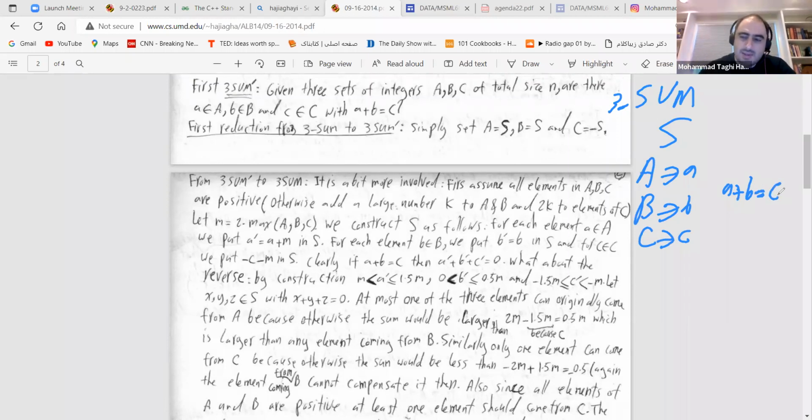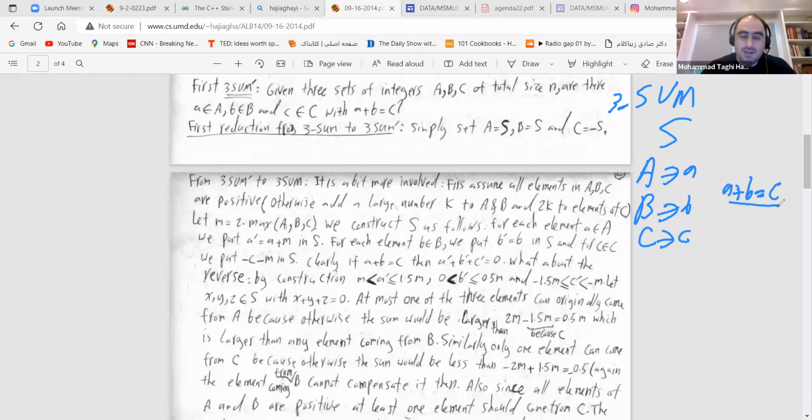We could easily say that a plus b is equal to minus c, because we can just invert all elements of C. And then if a plus b is equal to minus c, it means that a plus b plus c is equal to 0. So it's not really a problem that we have this requirement, a plus b is equal to c.